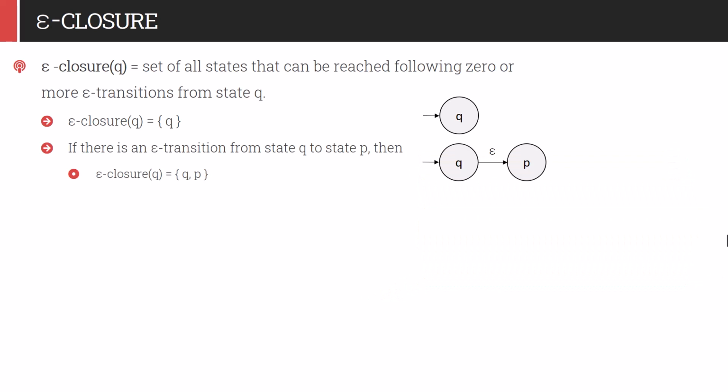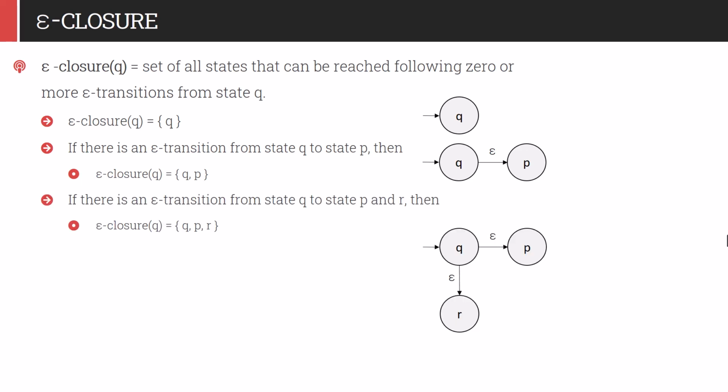If we can move from state Q to state P by consuming epsilon, then the epsilon closure of Q would be Q itself as well as state P. If we have an automaton like this, then the epsilon closure of Q would be Q itself, state P and state R, because by reading epsilon from Q, we can go to P and R. So the epsilon closure of Q would be Q, P and R. That should be clear now, what epsilon closure is.